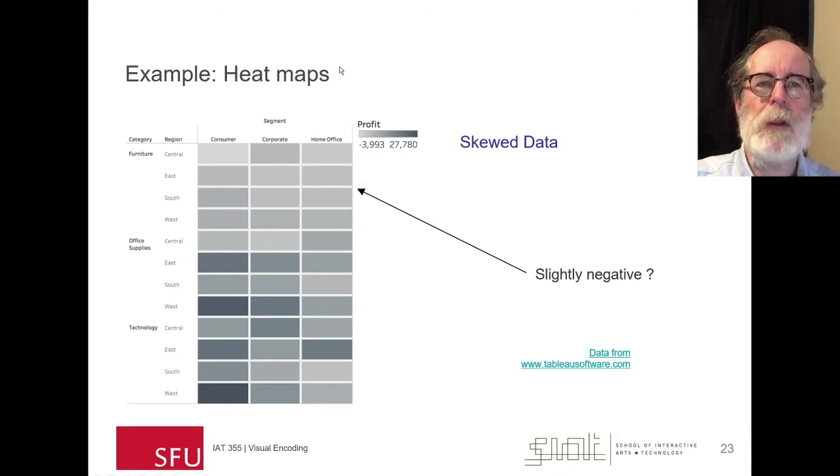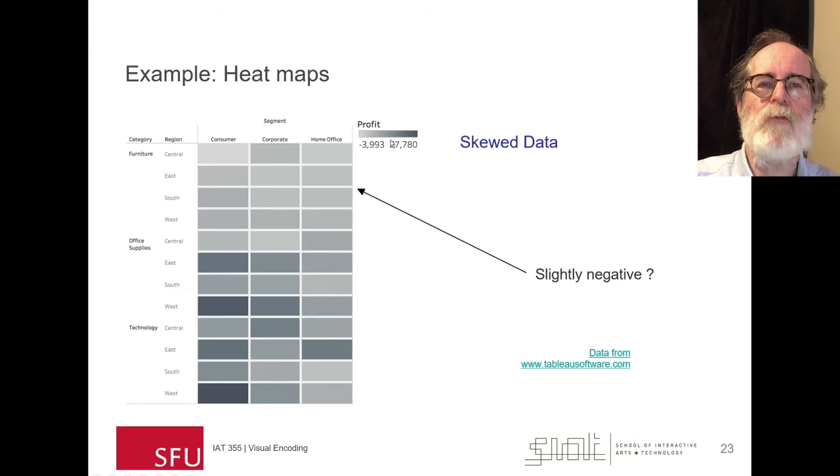What we've done here is mapped color to a continuous ramp, and the values mapping to color range from negative 4,000 in terms of profit to 27,000. So it's a skewed data set with a strong skew in the direction of big money.